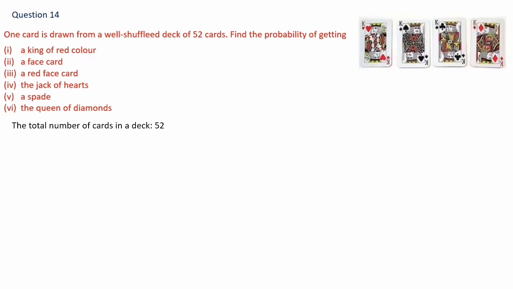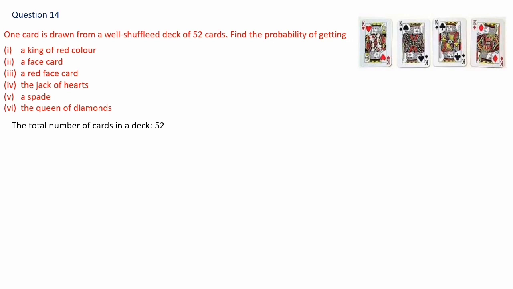As we know, the deck of cards is categorized into 4 subdivisions: spade, heart, clubs and diamonds. Here it is asked a king of red color. King is 4 in number. In hearts also king is there, in spade also king is there, clubs also, and in diamonds also king is there.